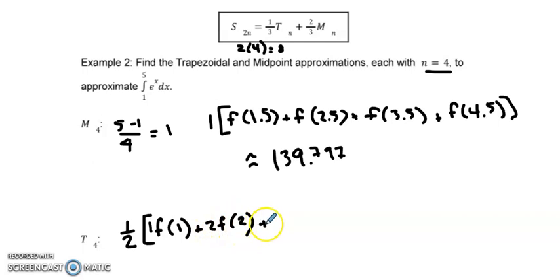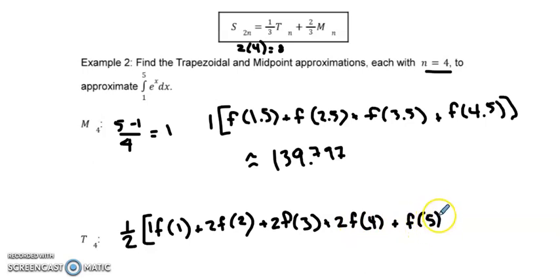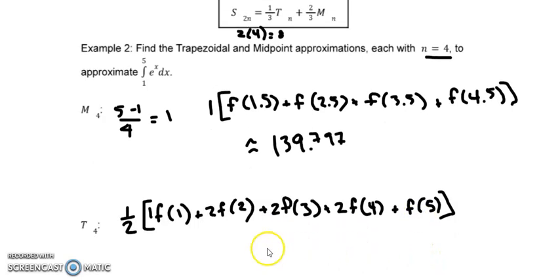So I have 2 times f of 2, plus 2 times f of 3, plus 2 times f of 4. And again, this is really just hearkening back to last fall when you learned how to approximate using Riemann sums. So this will be the trap. When I put that in my calculator, I get approximately 157.638.